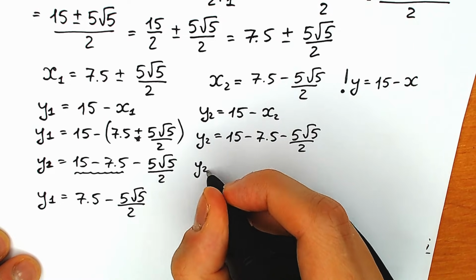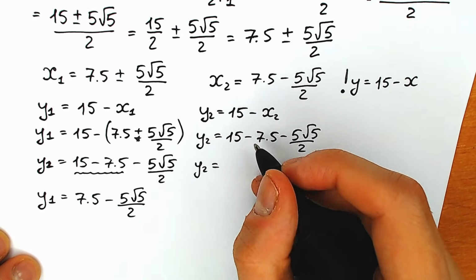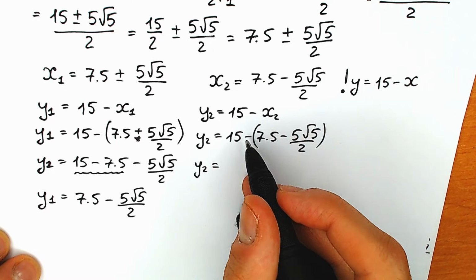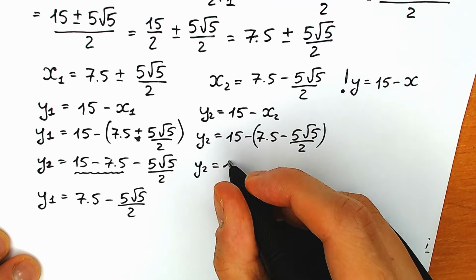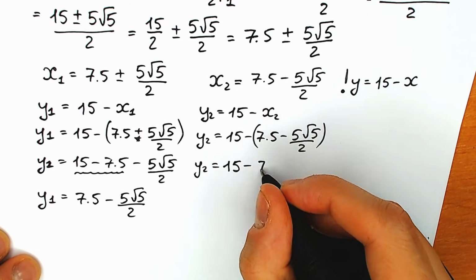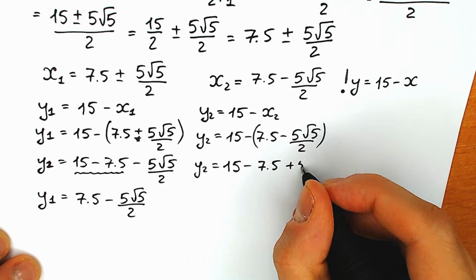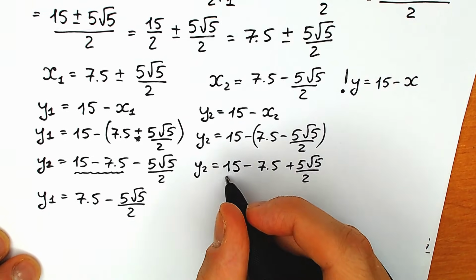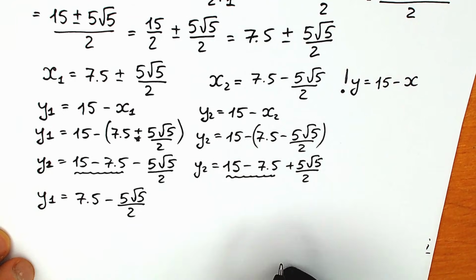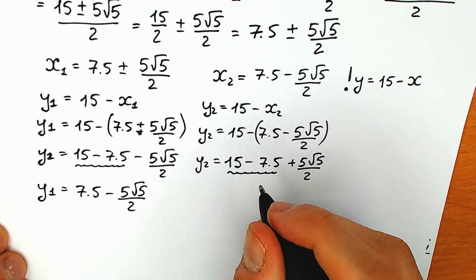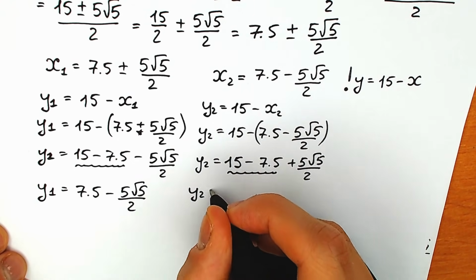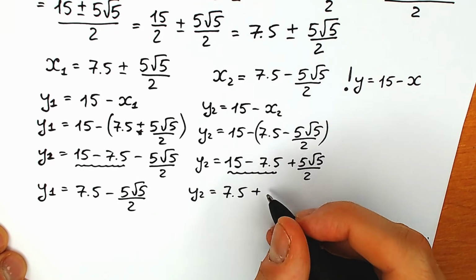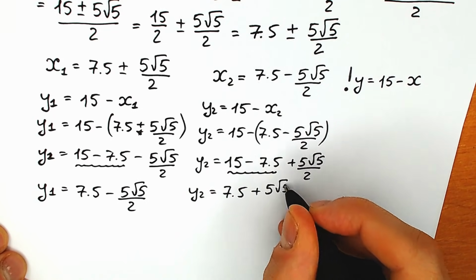And right now when we multiply this negative sign by this parenthesis, we have 15 minus 7.5 plus 5 square root of 5 over 2. It's much easier for us to subtract in a decimal way, much faster, so we have 7.5 plus 5 square root of 5 over 2.